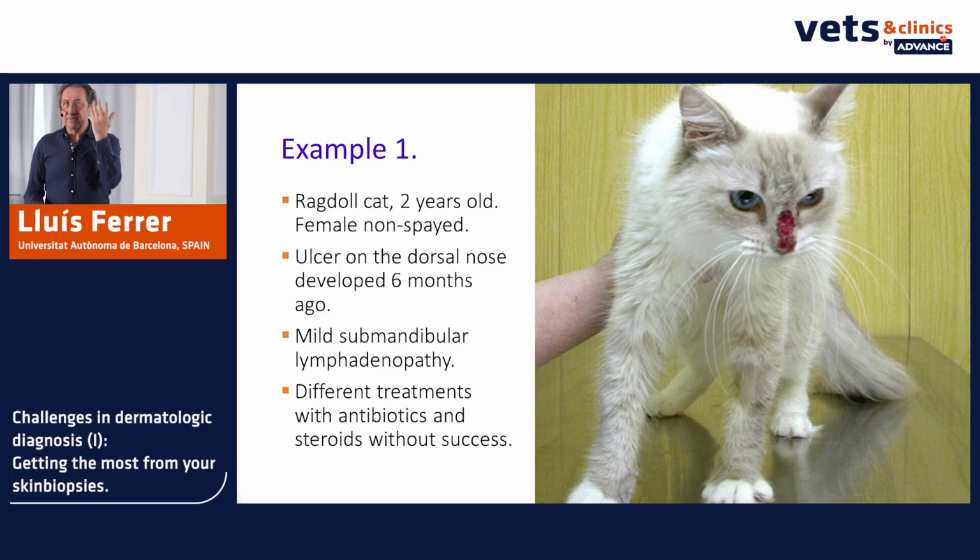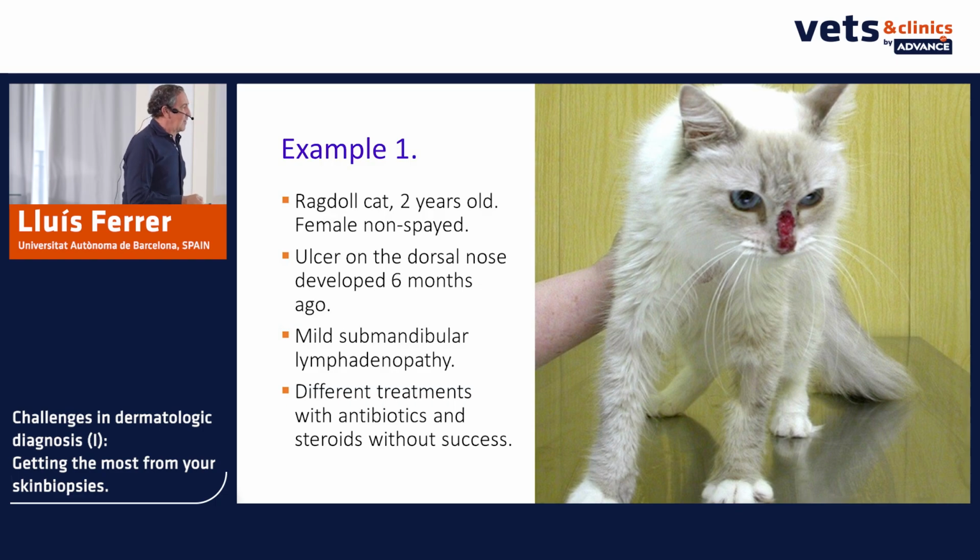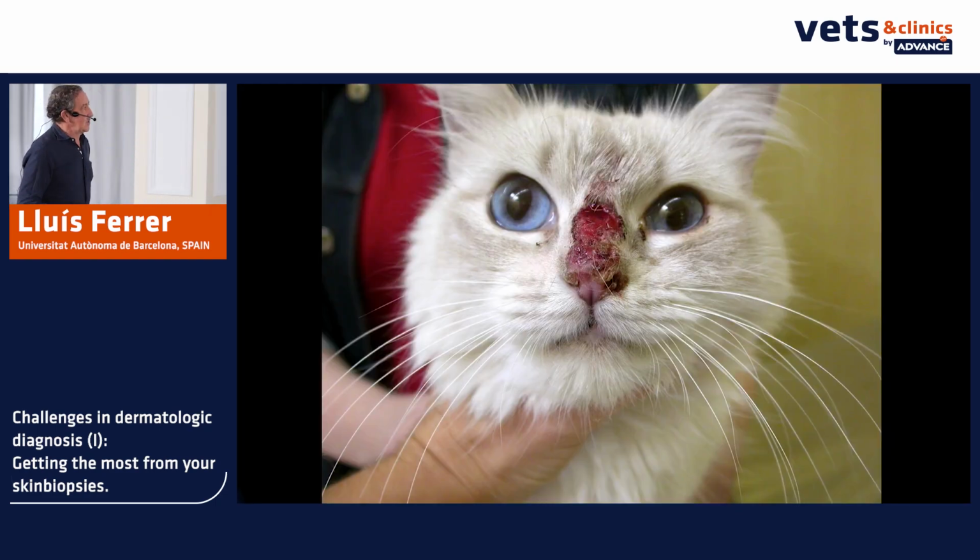I'm going to eliminate this part. They tried antibiotics, did cultures. Very bad idea because this is probably not a bacterial infection. They did cytologies. The cat has a mild submandibular lymphadenopathy, and the vet was a little bit desperate about this lesion.